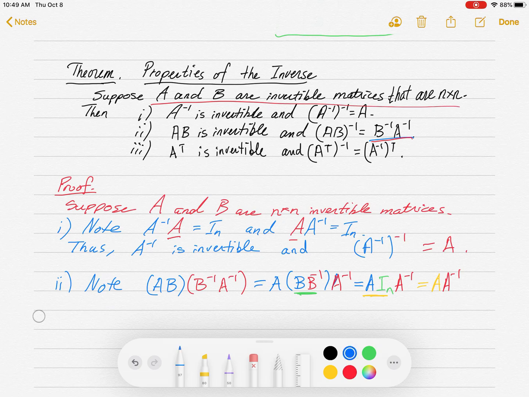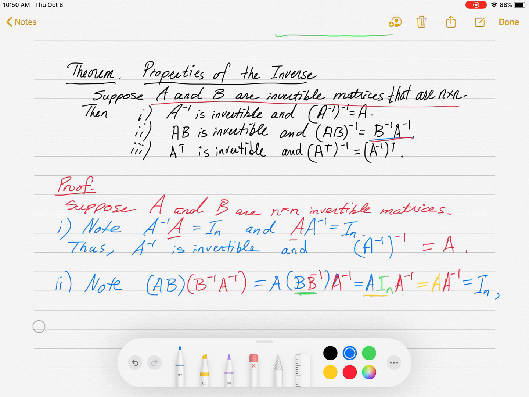And then I can multiply A with the identity, and I get A. And then A times A inverse is going to give me the identity. So if I follow this from beginning to end, I took the blue AB right here, I multiplied by B inverse A inverse, and I got the identity right there. So AB times B inverse A inverse gives me the identity.